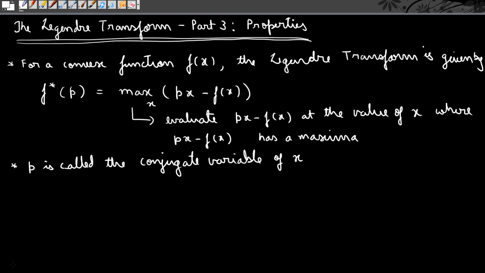This is the third part in our series on the Legendre Transform, and in this video we are going to discuss some of the important properties of the Legendre Transform.